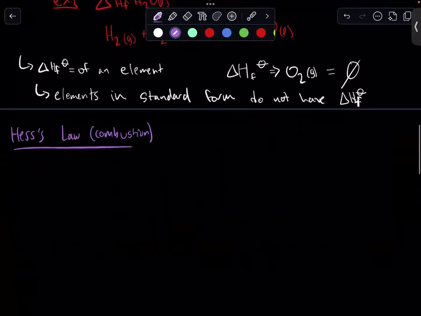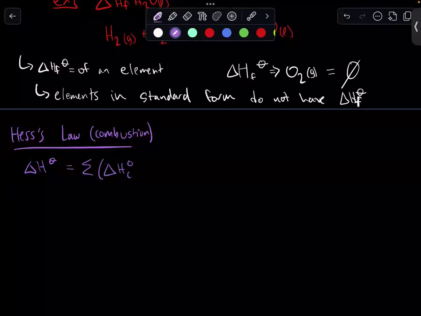So starting off with combustion, we just find that delta H is going to be equal to the sum of delta H of combustion of reactants, minus the sum of delta H of combustion of products.